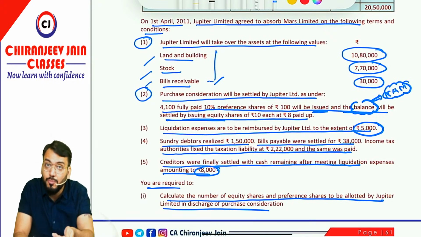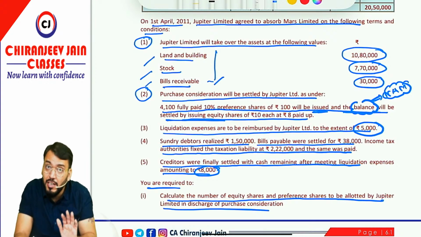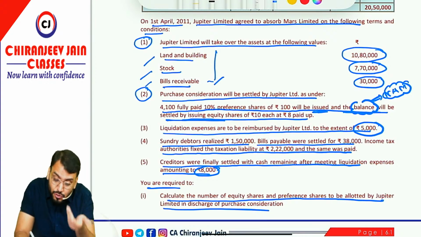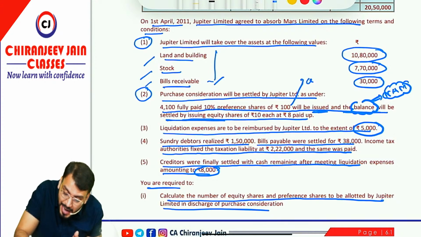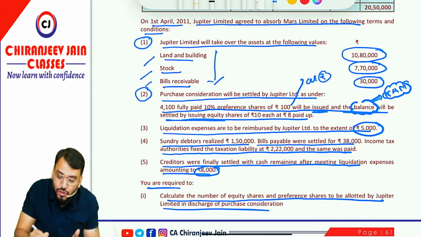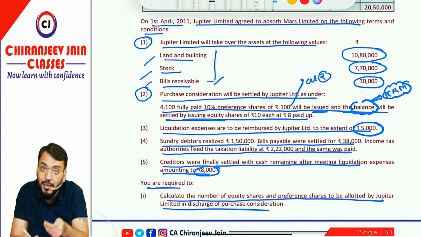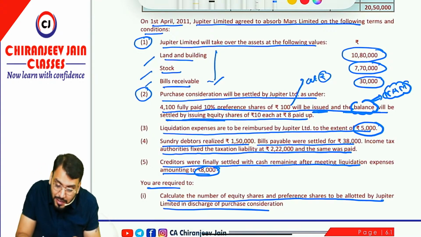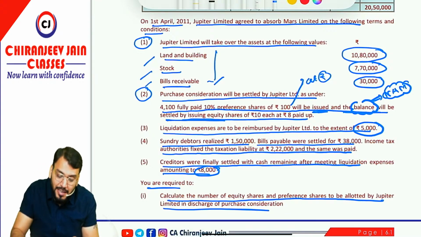They have not given the issue price, so whenever the issue price is not given, we'll assume it will be issued at par. Understood? So 4,100 into 100 becomes 4,10,000.